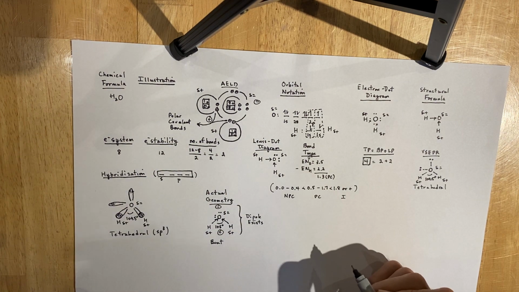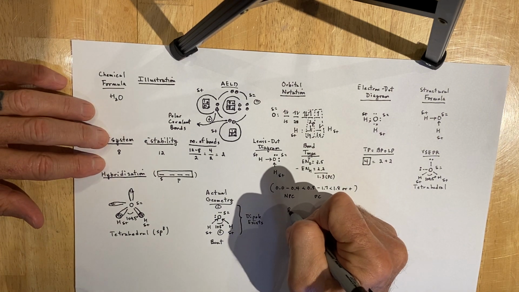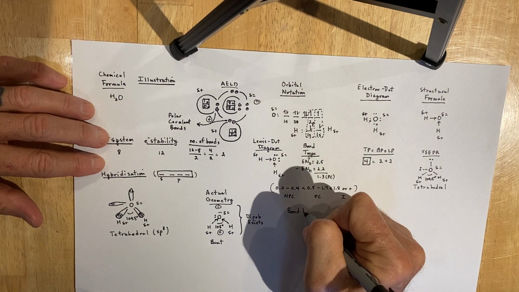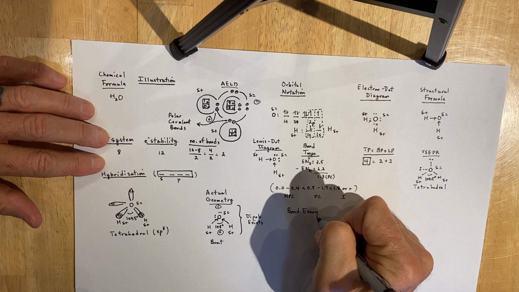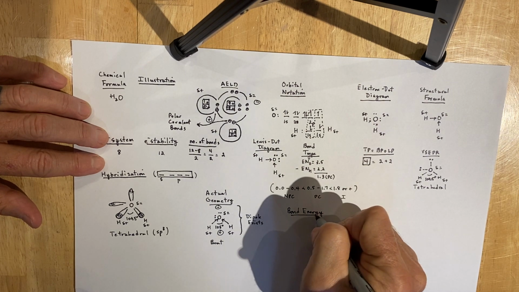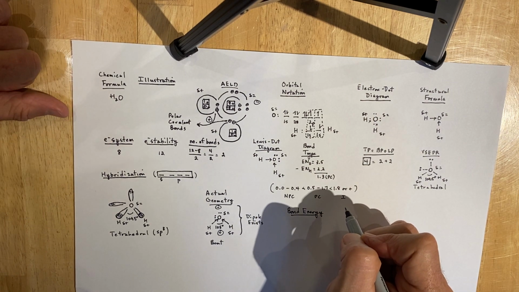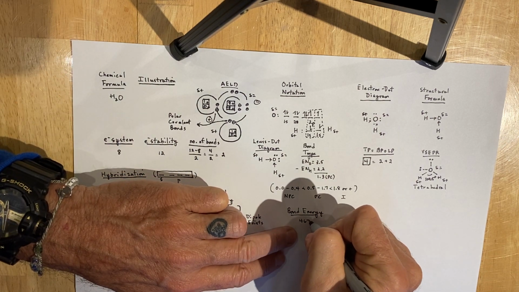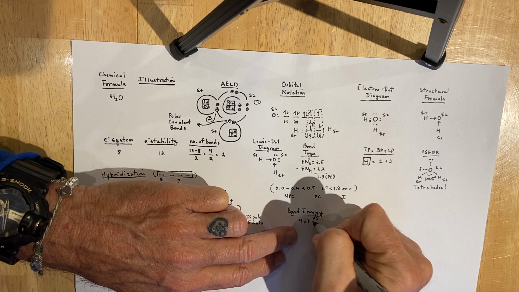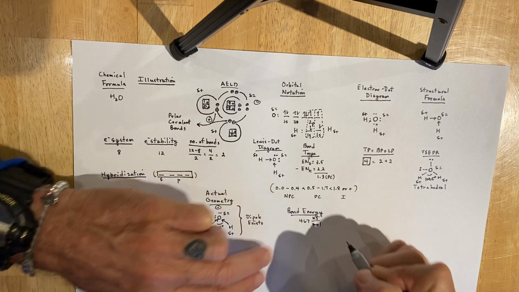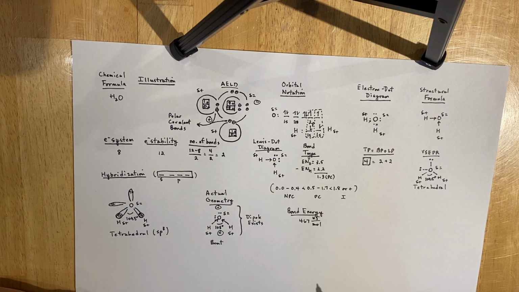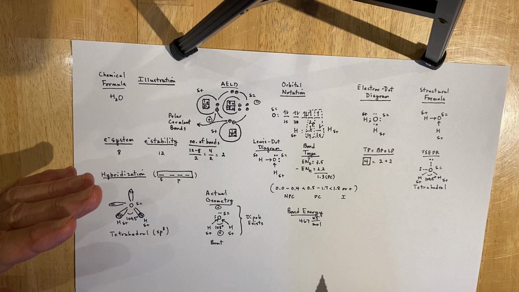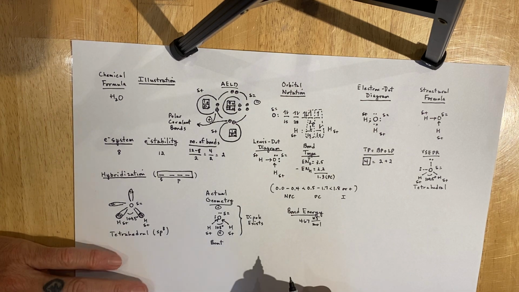Okay, so after the actual geometry, we're going to look at the bond energy once again. And you'll have to look up these values. Let's see, for water, the bond energy is 467 kilojoules per mole. That's the amount of heat energy that's released when the oxygen-hydrogen bond forms, or how much heat energy has to be supplied to break that bond.